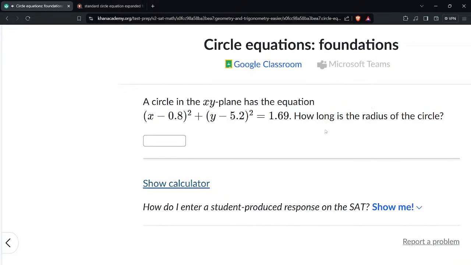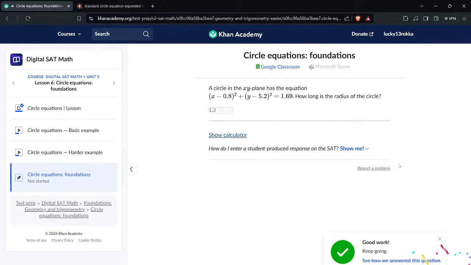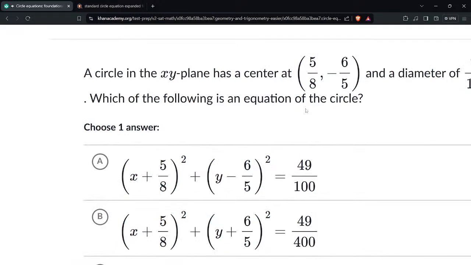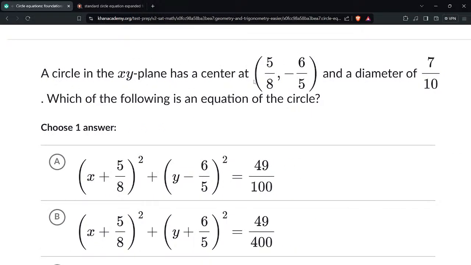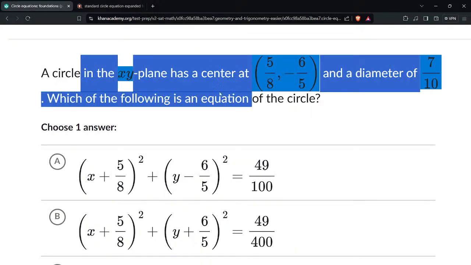So the radius of the circle is root under 1.69, which is 1.3. I had to use the calculator to check, but I was pretty sure it's 1.3. So for the center and the diameter, we follow the equation of the circle.